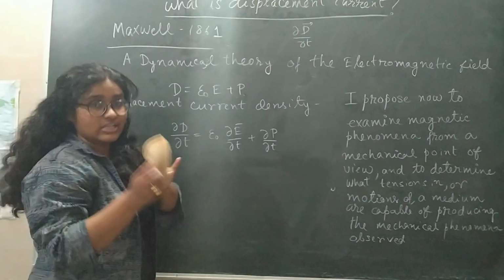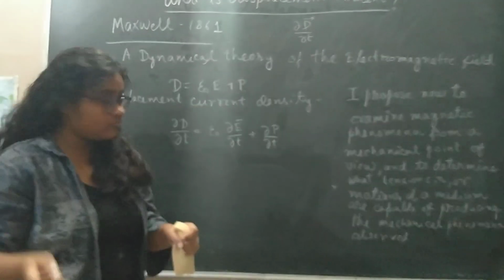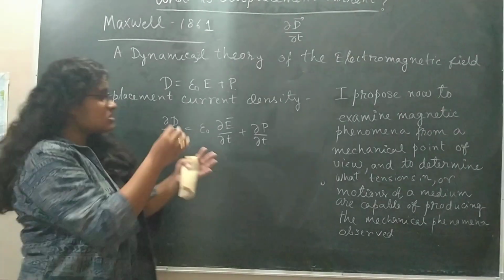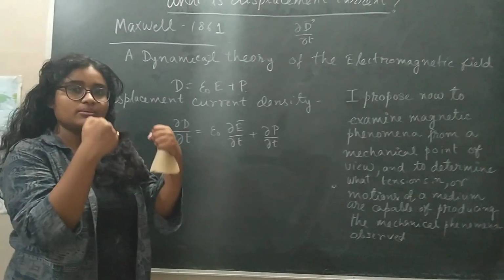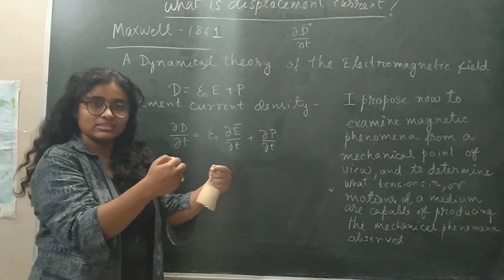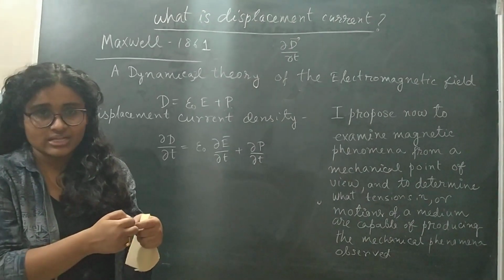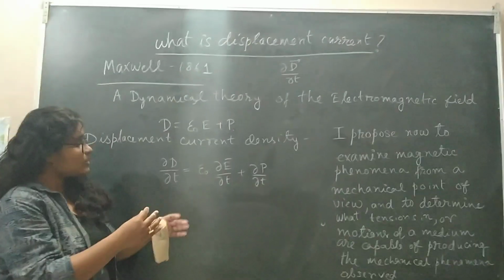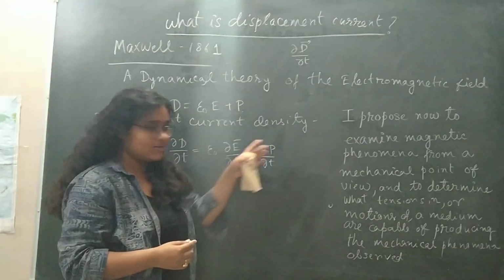There will be a variation of the polarization: an oscillatory electric field displaces bound charges, and due to the oscillatory motion they get displaced relative to each other. So we get the polarization variation with respect to time. That denotes del P del T, the polarization current density.